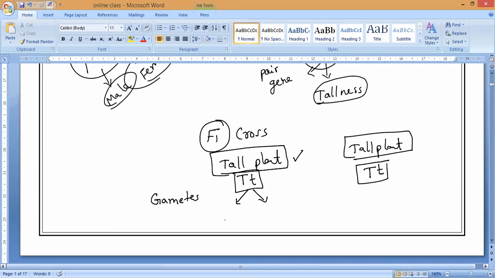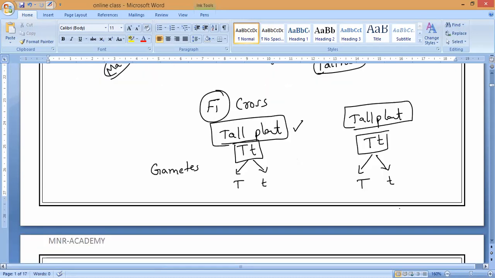Capital T and small t. Yes, you people know. And from this other parent, what gametes will form? Capital T and small t. So that is what we call the law of segregation.